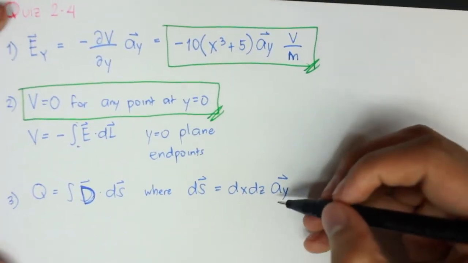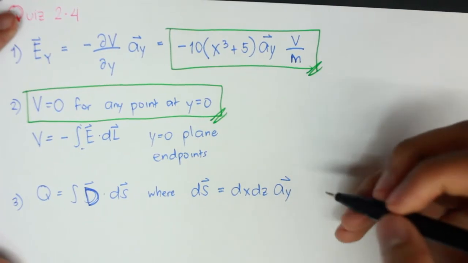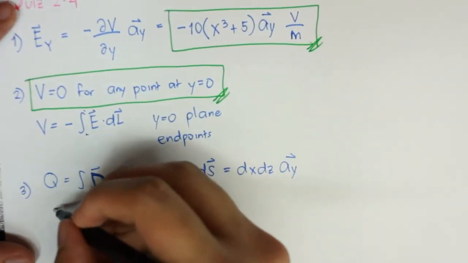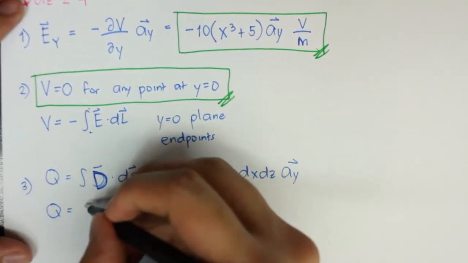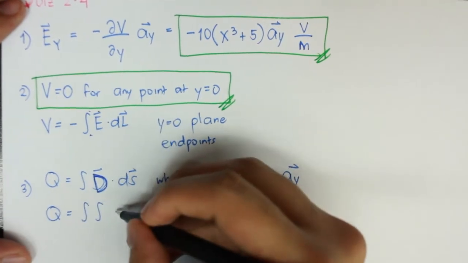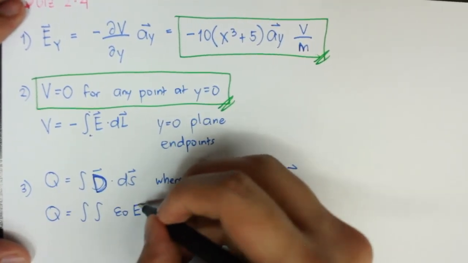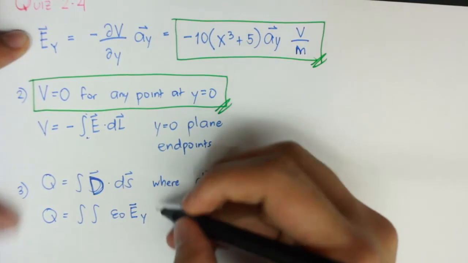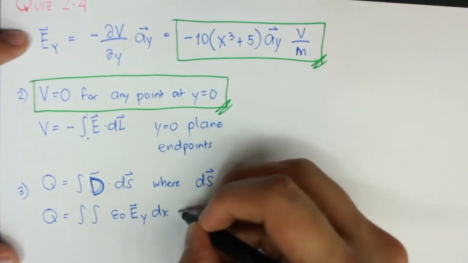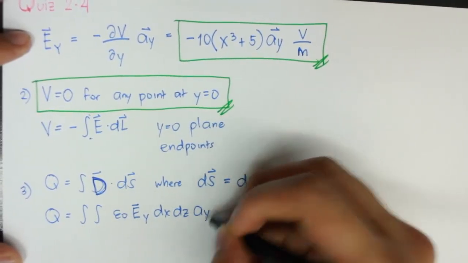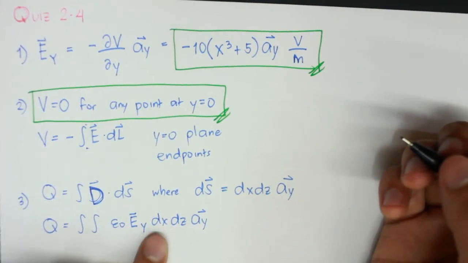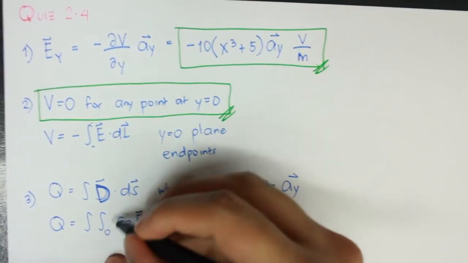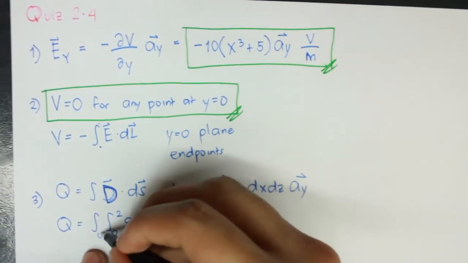Since yung surface natin nandun sa y equals 0. So right away, we have Q equals epsilon naught Ey, given naman na sa atin yon, dx dz ay hat. Then dx natin ay from 0 to 2 and dz from 0 to 1.